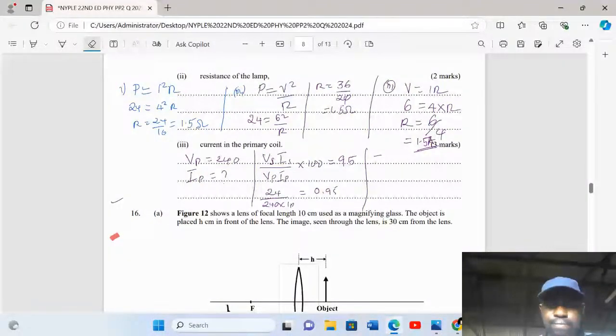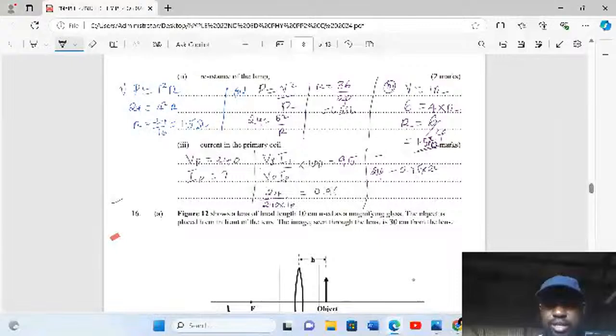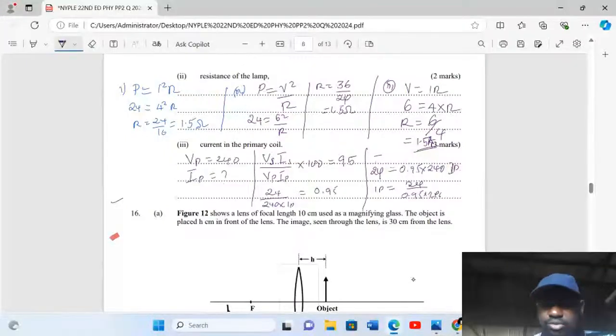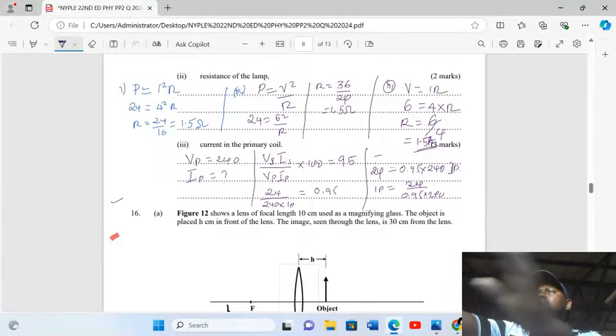This will translate to us that 24 is given by 0.95 times 240 IP. Therefore, our IP will be the same as 24 divided by 0.95 times 240. Allow me to use a calculator.